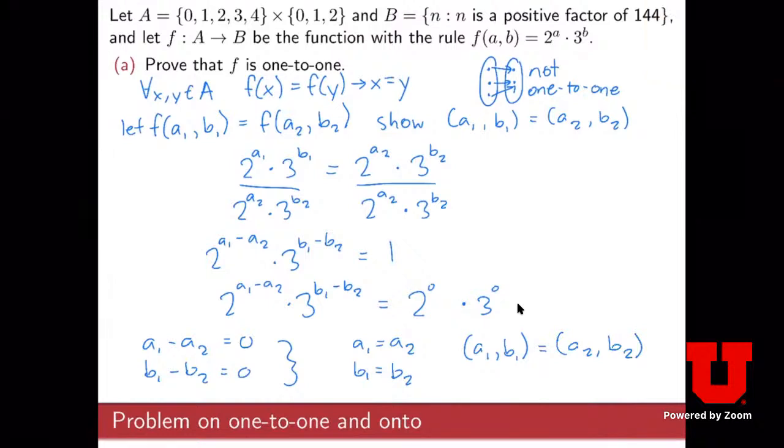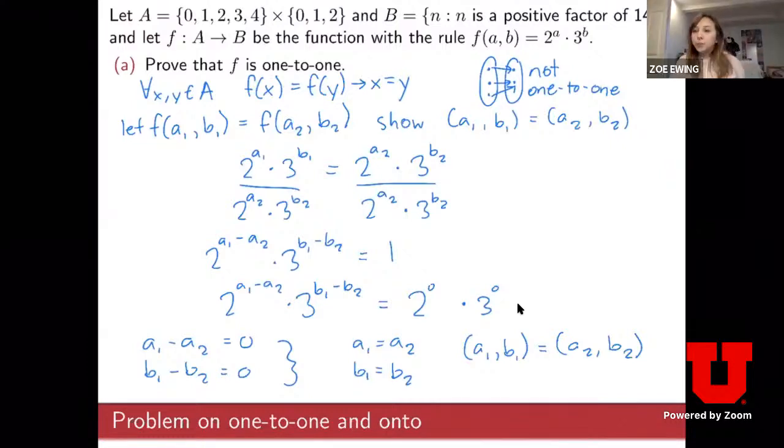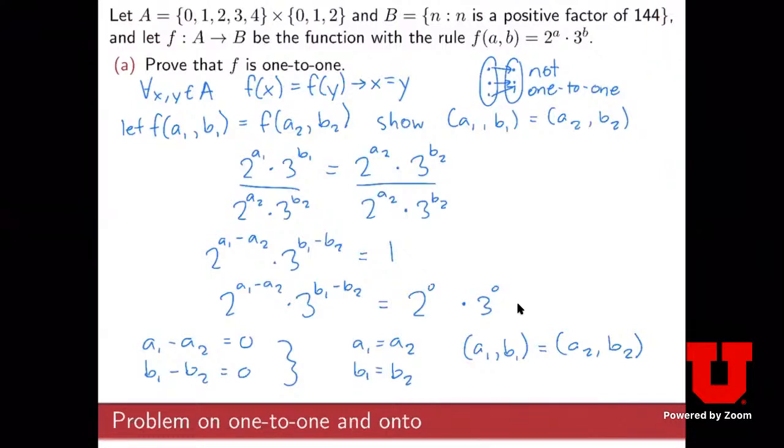Right, I get that, but on the step where it's equal to 1, 2 to the a1 minus a2 times 3 to the b1 minus b2, if a1 and a2 were different and b1 and b2 were different, then it wouldn't equal 1, right? Like say a1 was 1 and a2 was 2. Wouldn't they have to be the same to get to 0 in order for them to be 1?